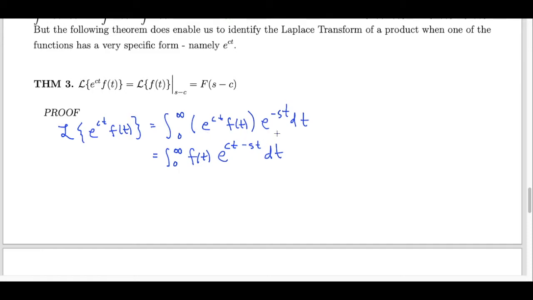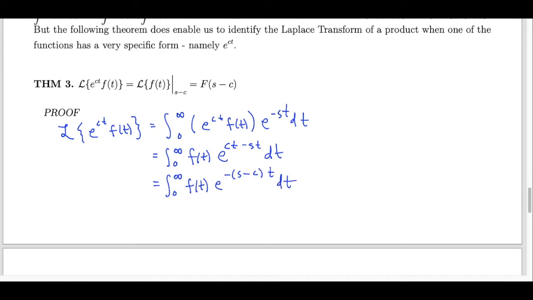Since they have the same base, when I multiply those exponentials, I will add their exponents. And then, as we've seen previously, I can factor the t out of this exponent. And then one additional step. In my original Laplace transform definition, I always have e to the negative something times t. So when I factor the t out, I'm going to factor a negative out of the front as well.